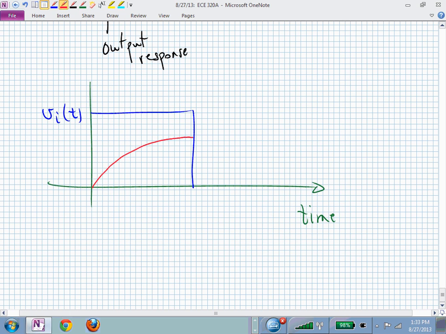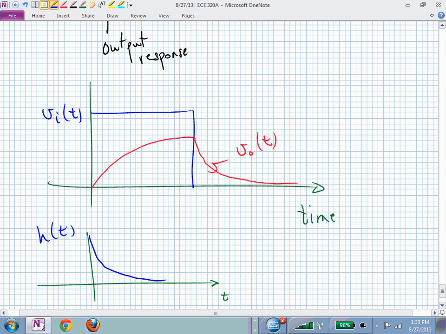Maybe a first order transient. And then after you turn off the input, so this might be your V sub O of t, and maybe your impulse response looked something like that.